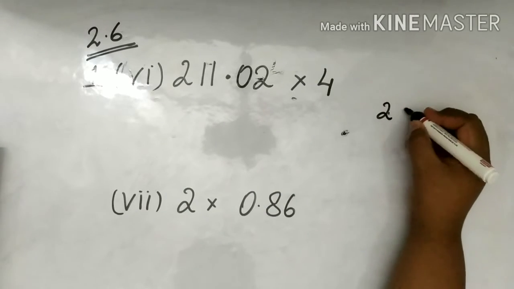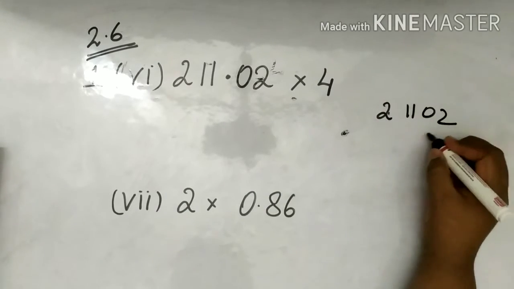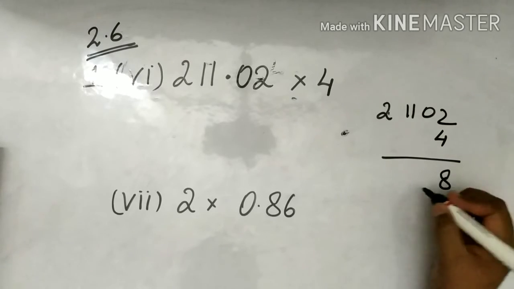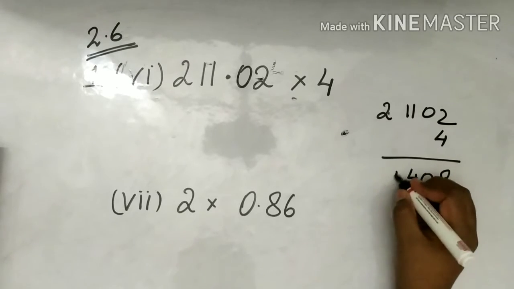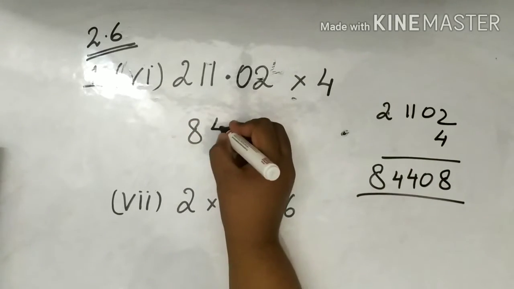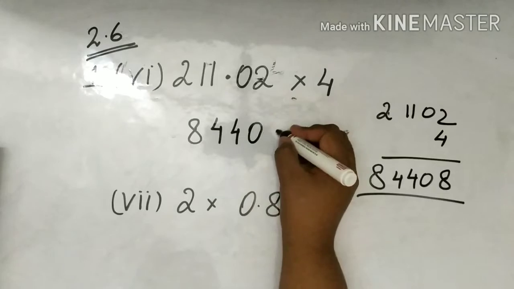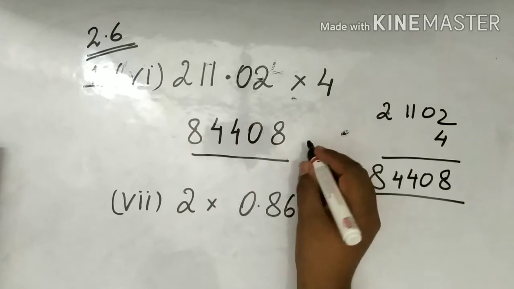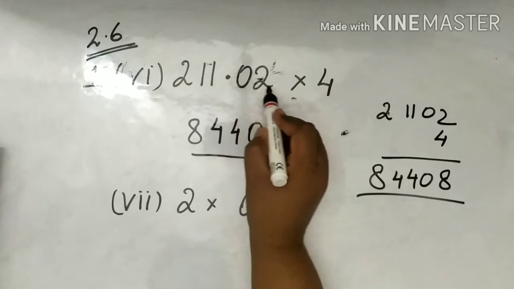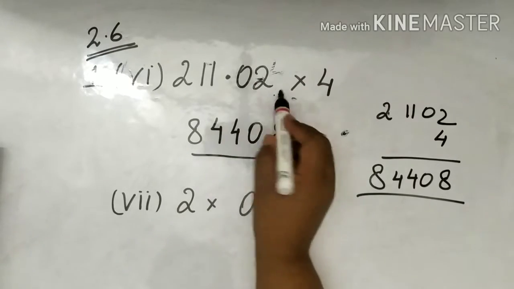So let's firstly multiply, removing the decimal, 80448. So the answer will be 84408. Write the multiplication product, and then how many values are there after decimal? 2.